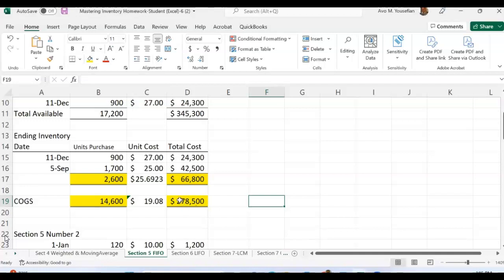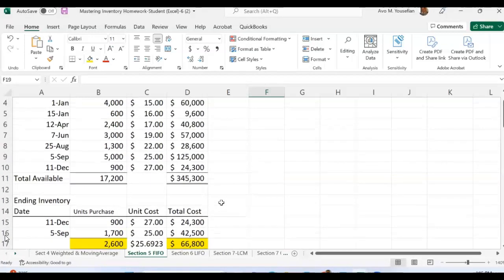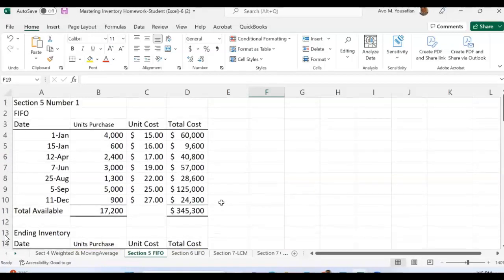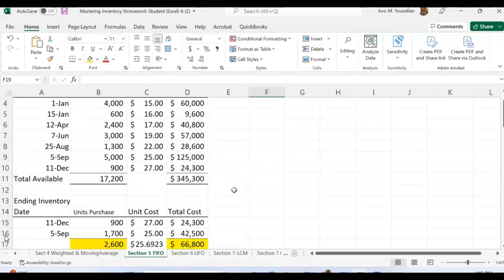That goes in the income statement. 66,800 goes in ending inventory in the balance sheet. How many units do you have at the end inventory? 2,600 units. What's your cost of goods sold? 278,500. That's FIFO using average method.